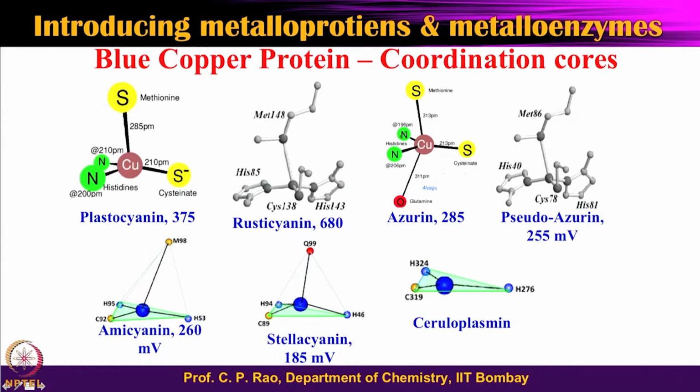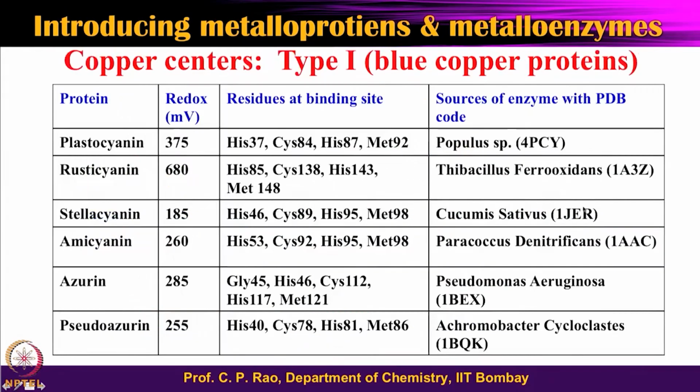It is either a highly distorted tetrahedral or a highly distorted trigonal bipyramidal. Why highly distorted? You can see this S-Cu-S angle is a very acute angle. The same thing is shown here, showing which residues are binding.